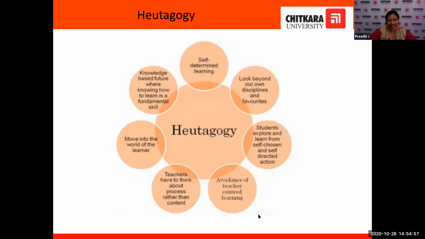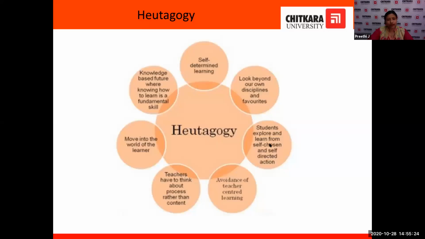So in summary, Heutagogy is self-determined learning. The students look beyond their own disciplines. So maybe it's electives, maybe it's through CBCS, but they have an opportunity, even though they have entered into a particular stream, if they would like to learn something more, the opportunity is there.